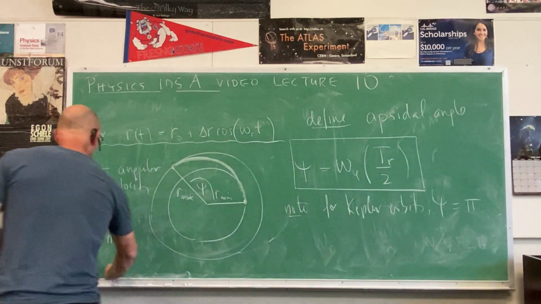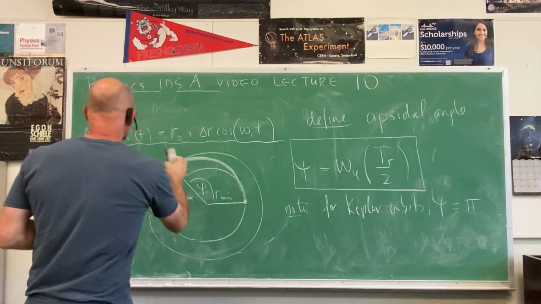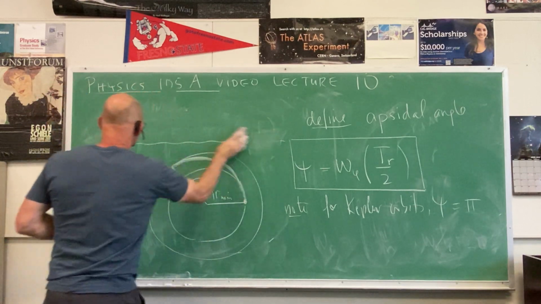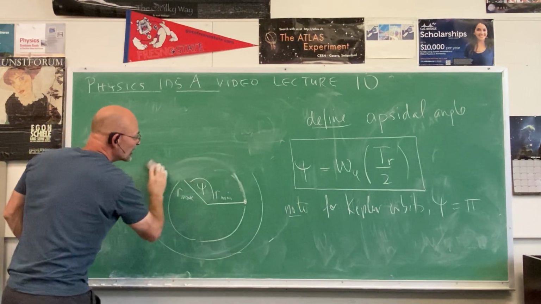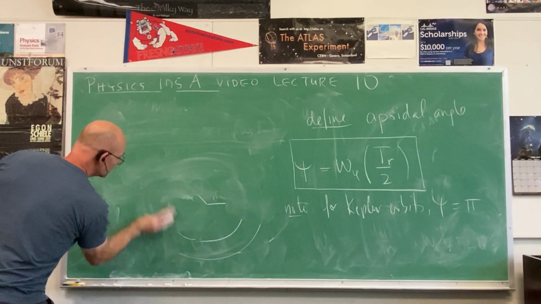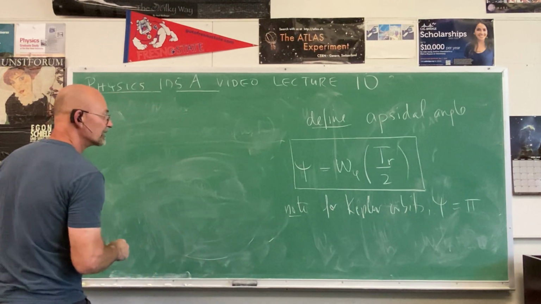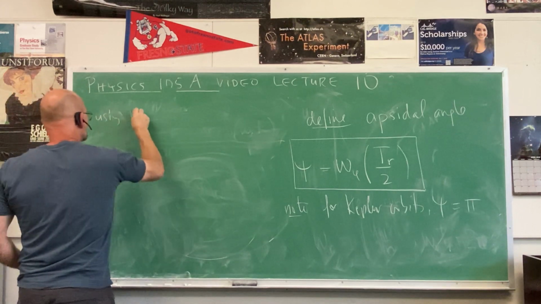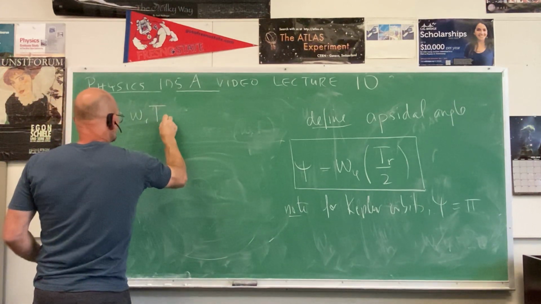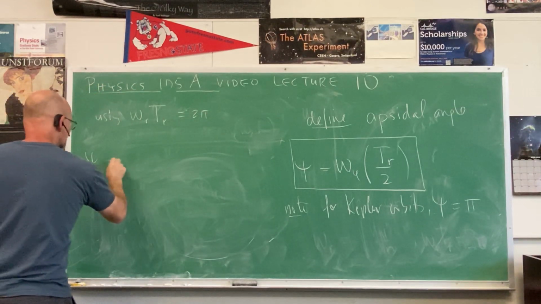So let's just express this in terms of omega sub r. Okay, so in addition, we know that using omega sub r, T sub r is equal to 2 pi, we just formulate this as follows.